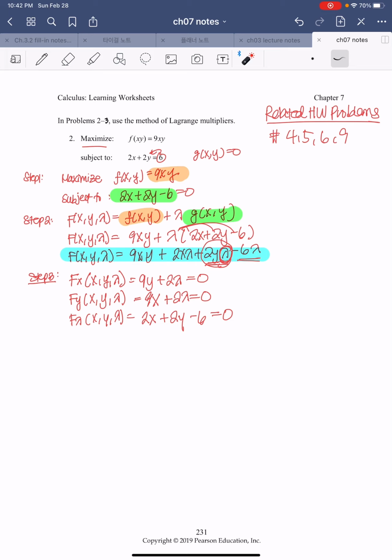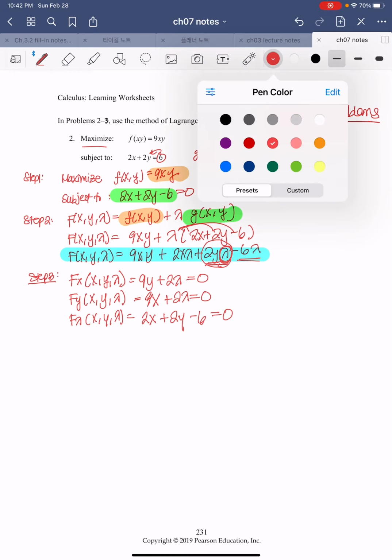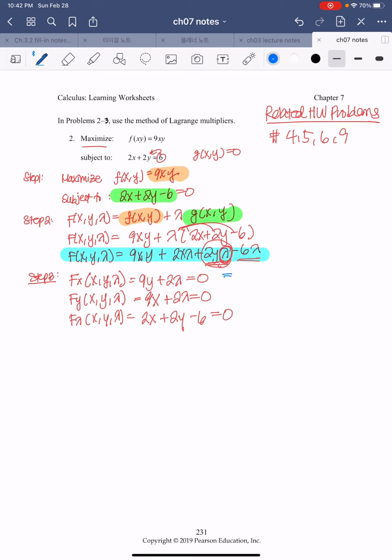So let's do that. From this, let me use a different color. So we have 9y plus 2 lambda equals 0. Subtract 2 lambda from both sides. 9y equals, I made a mistake, minus 2 lambda, right?